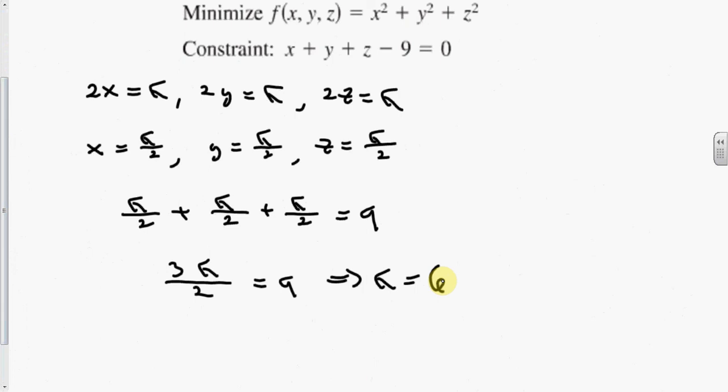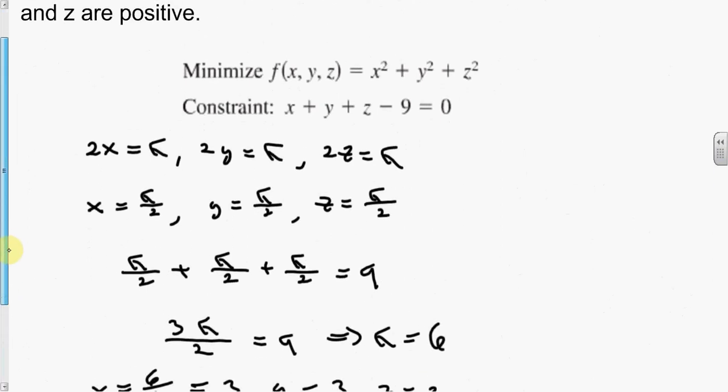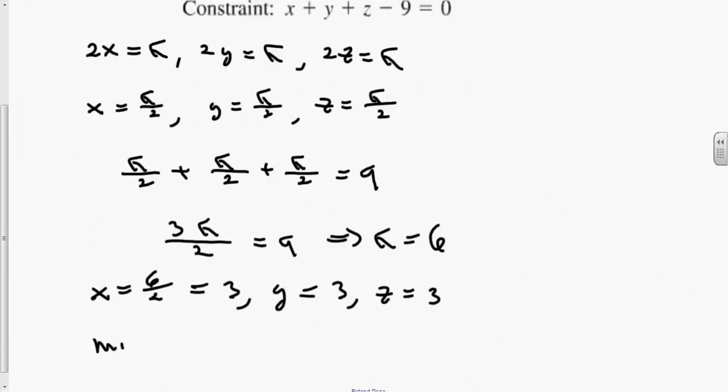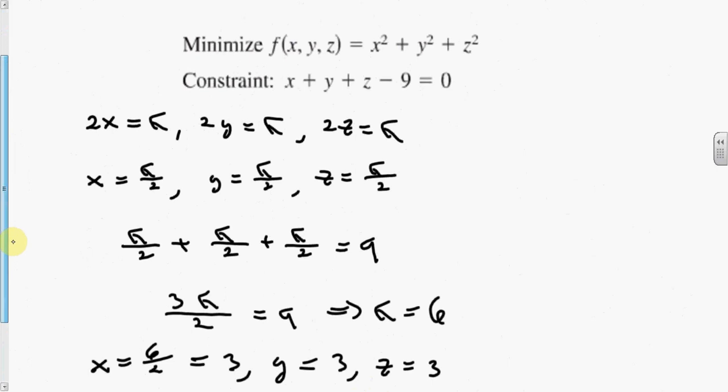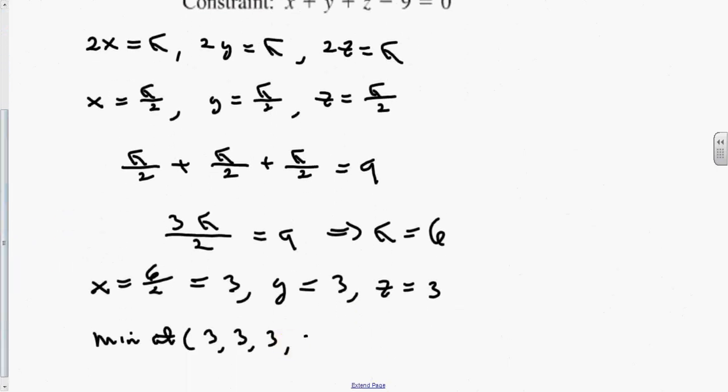So, if lambda is equal to 6, then x is equal to 6 over 2, and you get 3, and that same value for y and z. So we have a minimum at (3, 3, 3, 27).